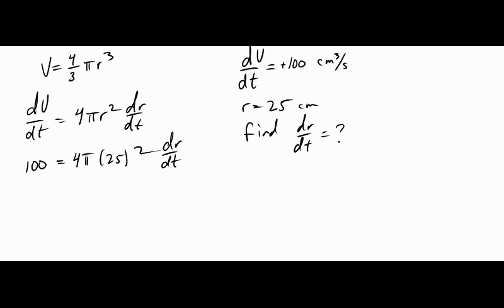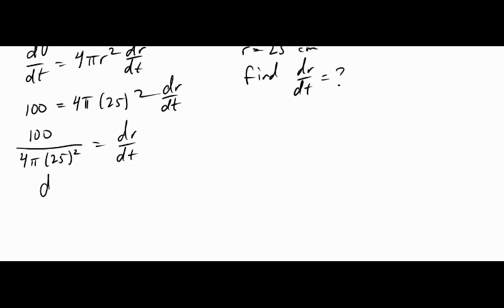Then I'm just going to move this all over, and I'm going to end up with 100 over 4 times pi times 25 times 25. Well, 4 times 25 is 100, so those are going to be gone.